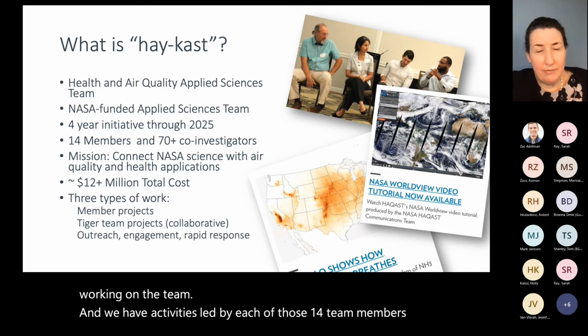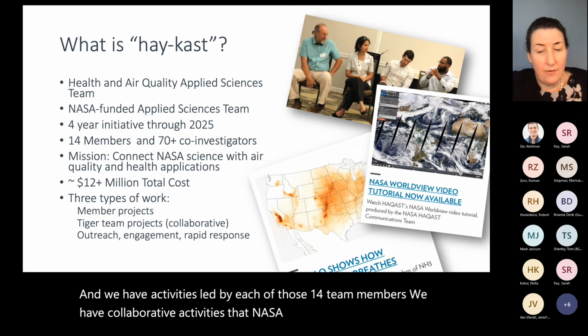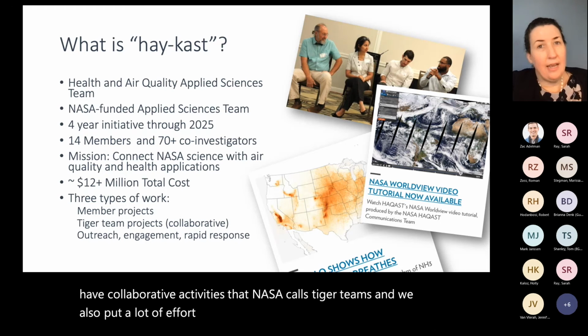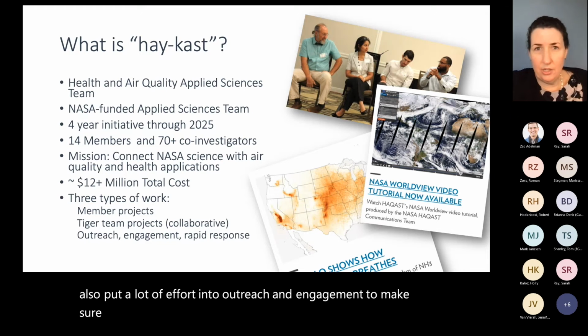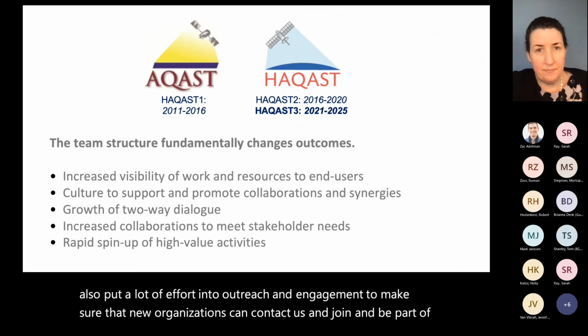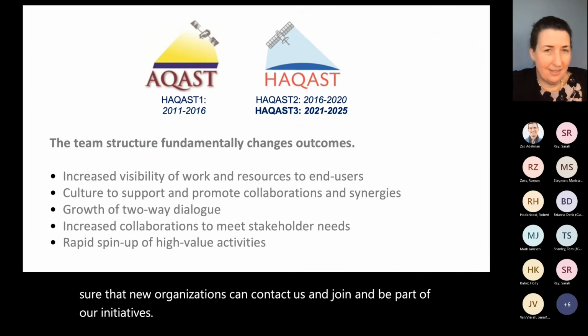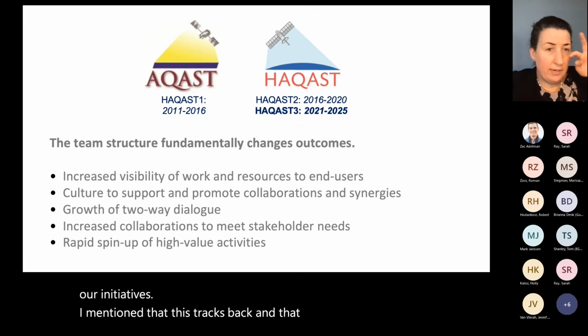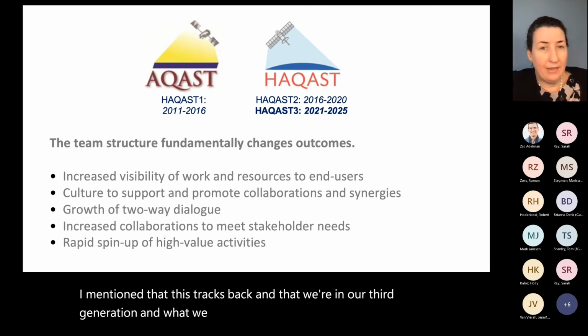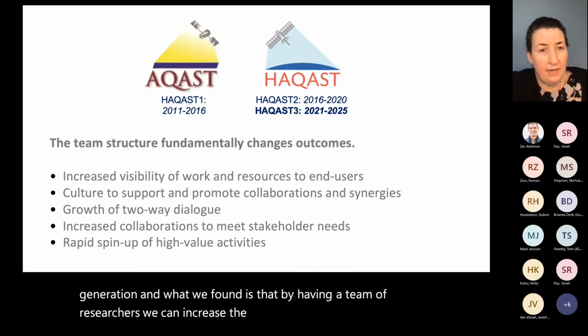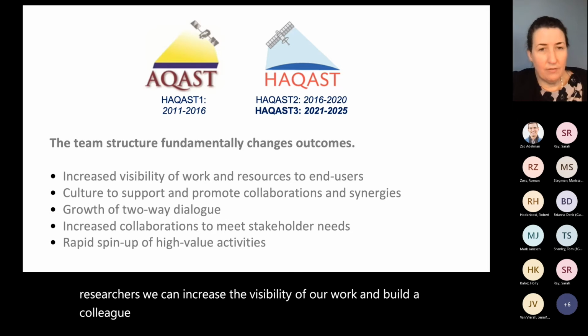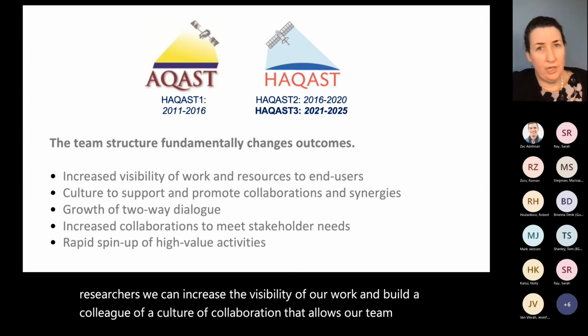And we have activities led by each of those 14 team members. We have collaborative activities that NASA calls Tiger Teams. And we also put a lot of effort into outreach and engagement to make sure that new organizations can contact us and join and be part of our initiatives. I mentioned that this tracks back and that we're in our third generation. And what we found is that by having a team of researchers, we can increase the visibility of our work and build a culture of collaboration that allows our team to respond to real world challenges.